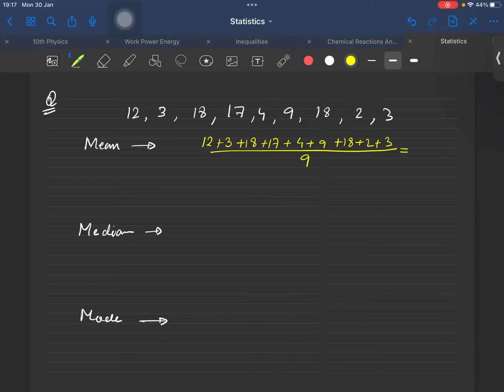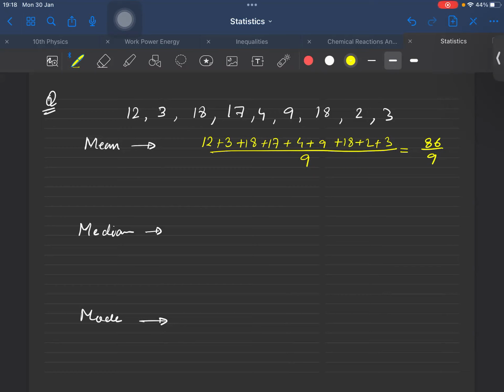How much are we getting? 12 plus 3 is 15, plus 18 is 33, plus 17 is 50, plus 4 is 54, plus 9 is 63, plus census 73, 81, 82, 86, right? 86 upon 9, I suppose, if I have calculated it correctly.